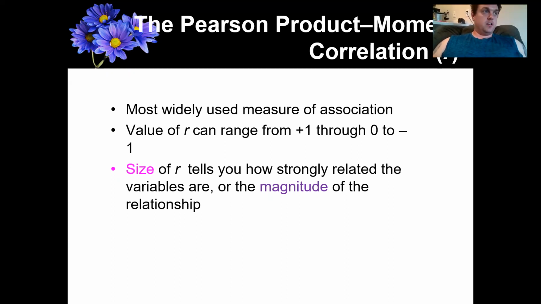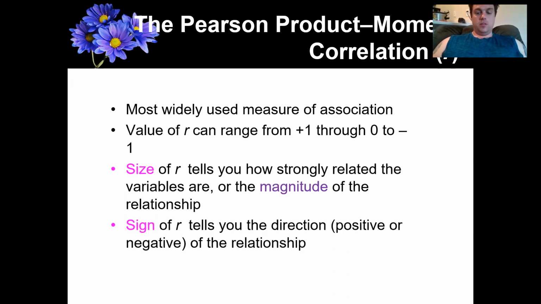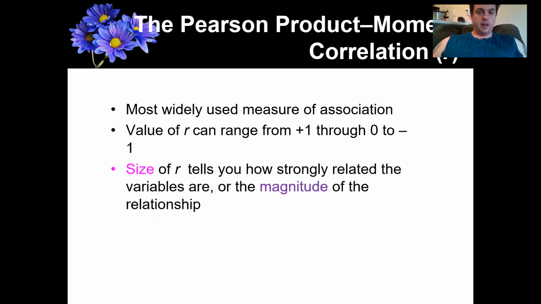Anything in between describes a weak to a strong positive correlation. A correlation of -1 means a perfect negative relationship, meaning as one variable goes up, the other one goes down. Don't worry, we'll look at a bunch of examples. But the bigger the R, the stronger the relationship.